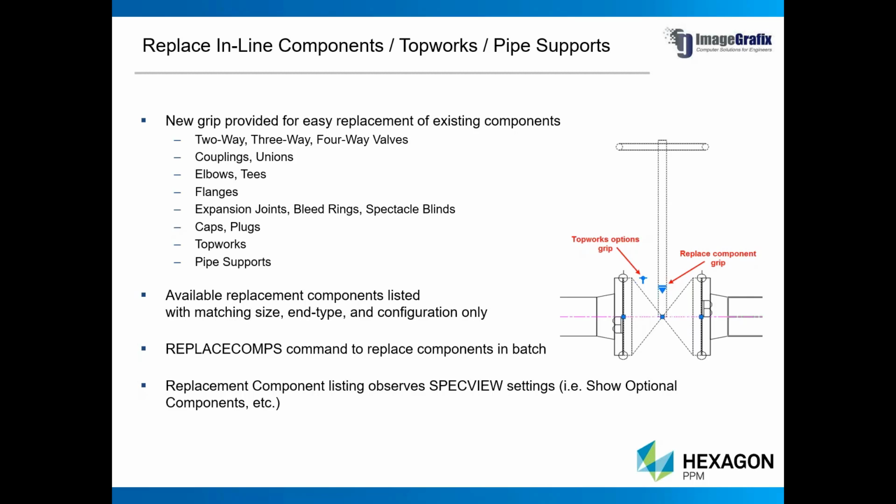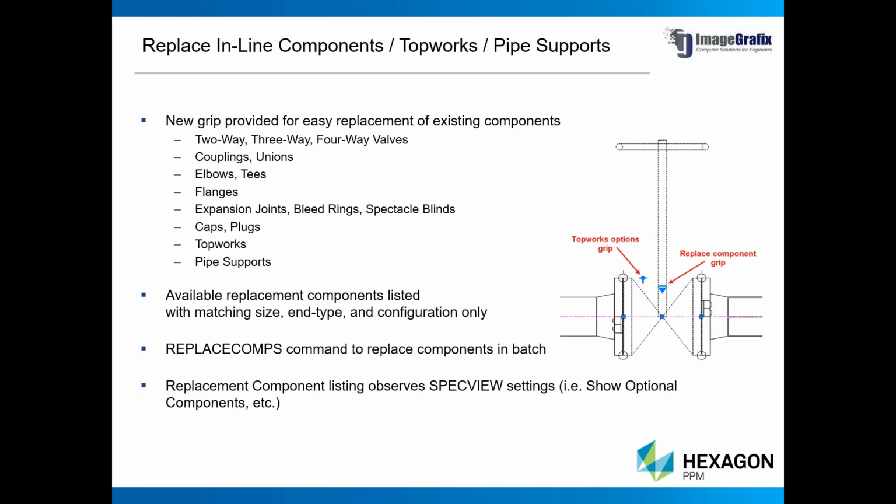If you want to make more selections at a time, for example if you have a group of elbows and want to replace them, you can use the replace comps command. Or if you want to do it with a single object, you just highlight that object and then replace the component.